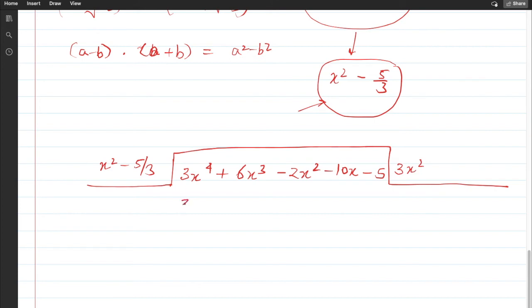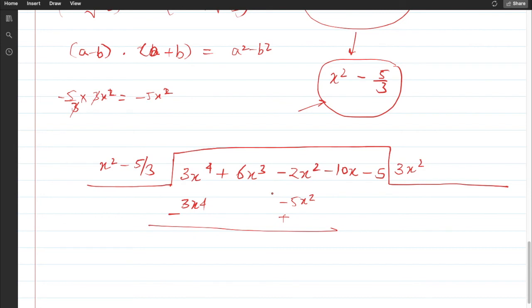So this will become 3x^4, and minus 5 by 3 times 3x square will come out to be minus 5x square, and I will write minus 5x square below the x square part over here. This will become minus, this will become positive.